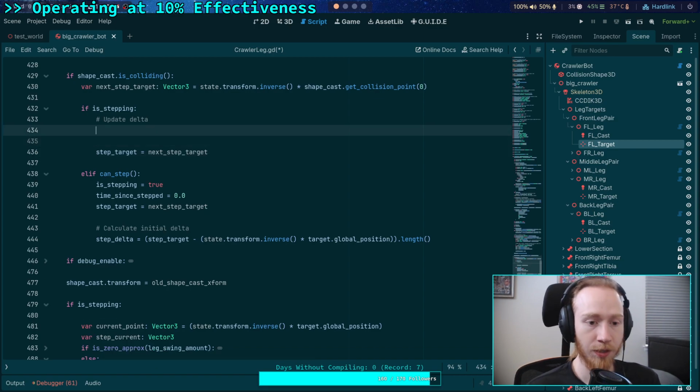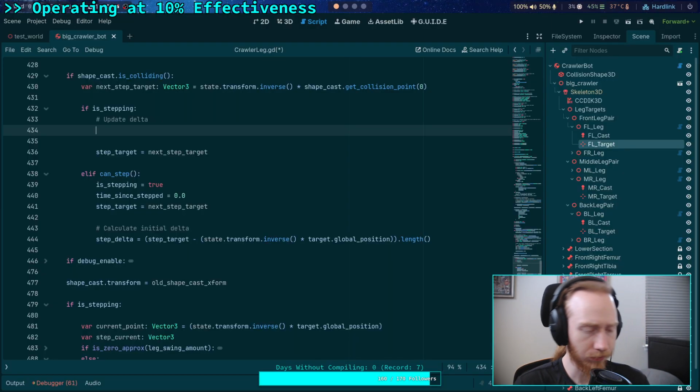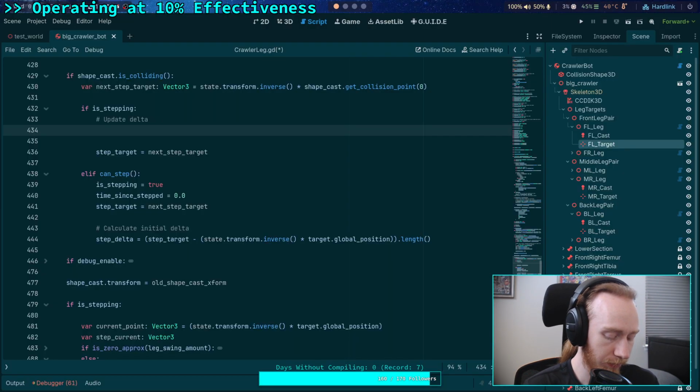So I need to know the difference between step target and next step target. Because I'm saying that this could move to a very different point.